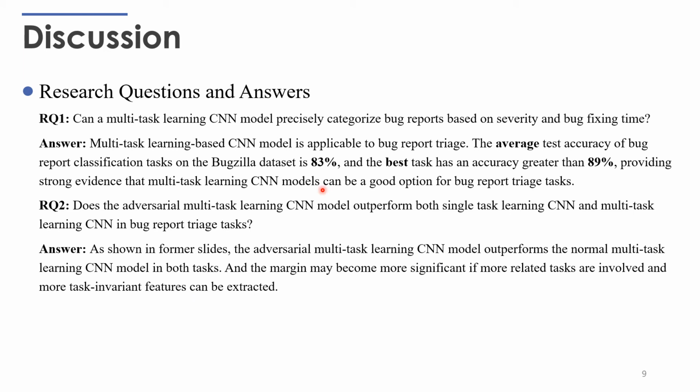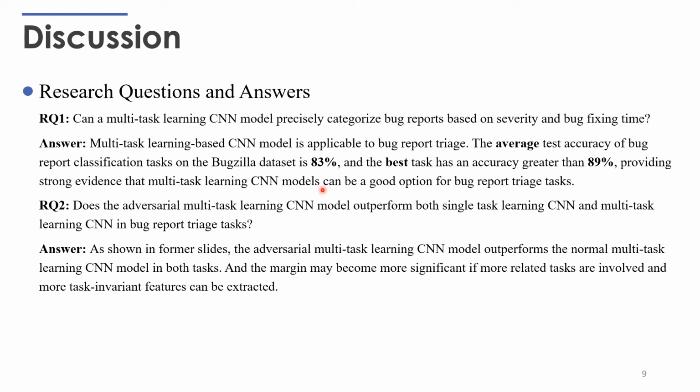And I'll discuss the research questions and the answers. Okay, so we have two research questions here. The first one is, can a multitask learning CNN model precisely categorize bug reports based on severity and bug fixing time? The answer is yes. A multitask learning-based CNN model is applicable to bug report triage.